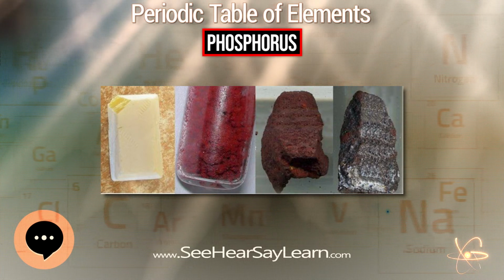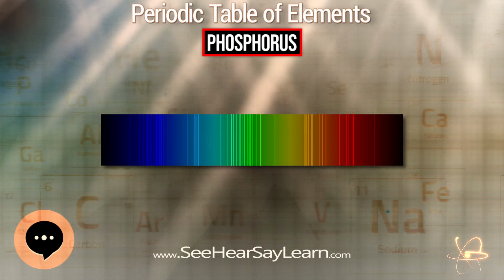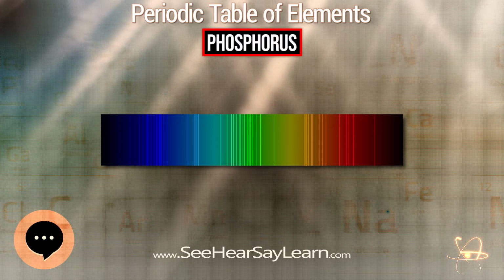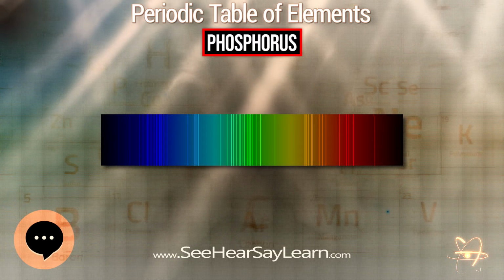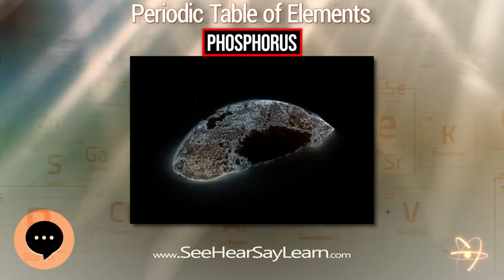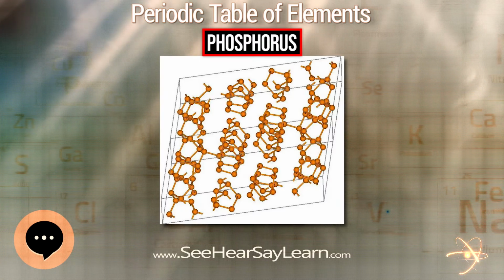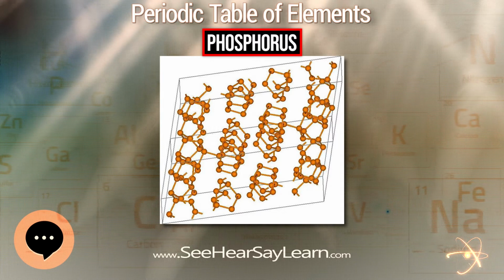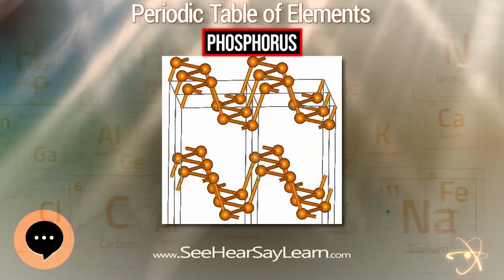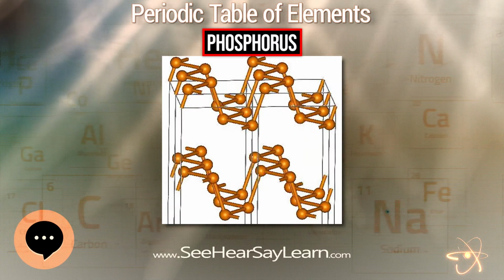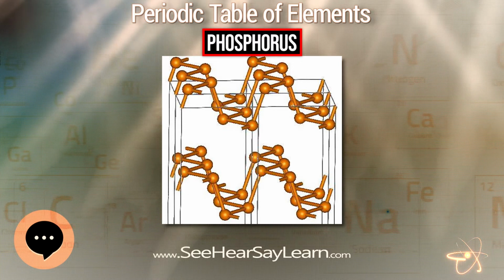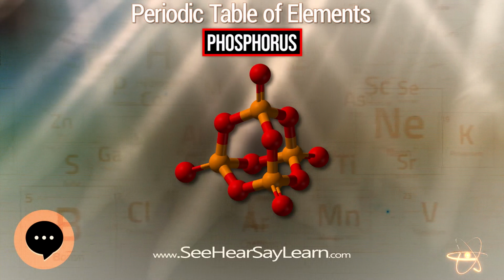Since its discovery, phosphors and phosphorescence were used loosely to describe substances that shine in the dark without burning. Although the term phosphorescence is derived from phosphorus, the reaction that gives phosphorus its glow is properly called chemiluminescence, not phosphorescence. 23 isotopes of phosphorus are known, including all possibilities from 24P up to 46P.